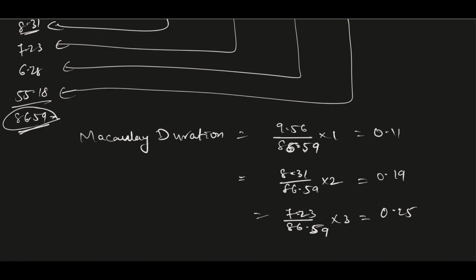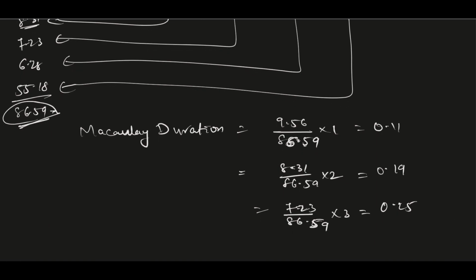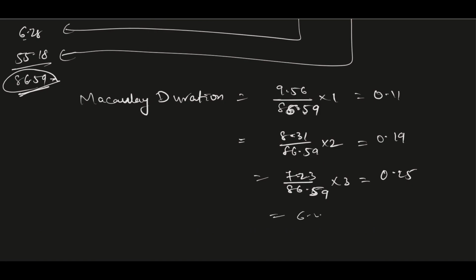Now the fourth one is 6.28. So 6.28 divided by 86.59 into 4 comes to 0.29.